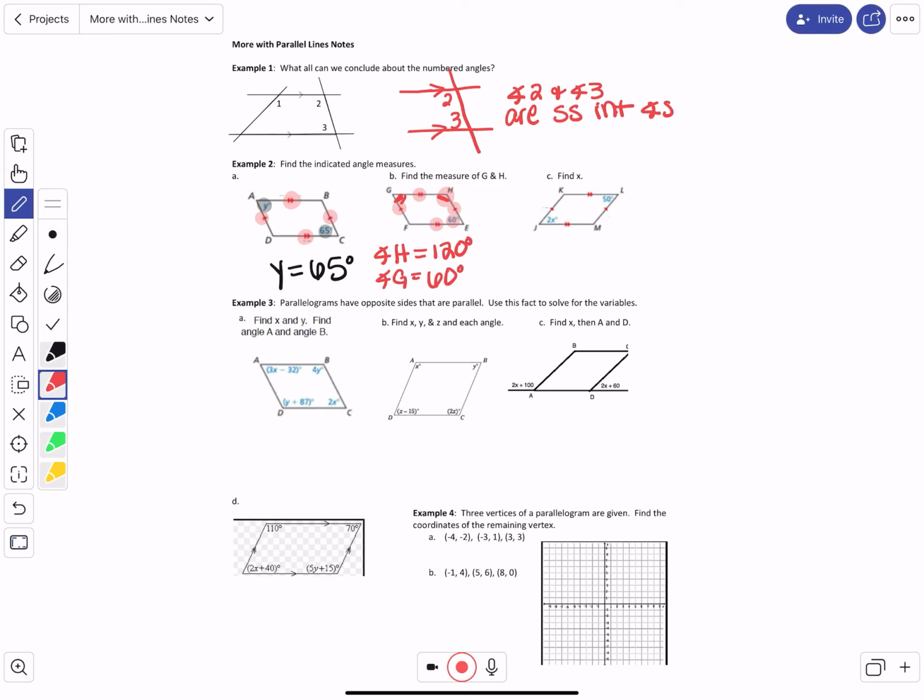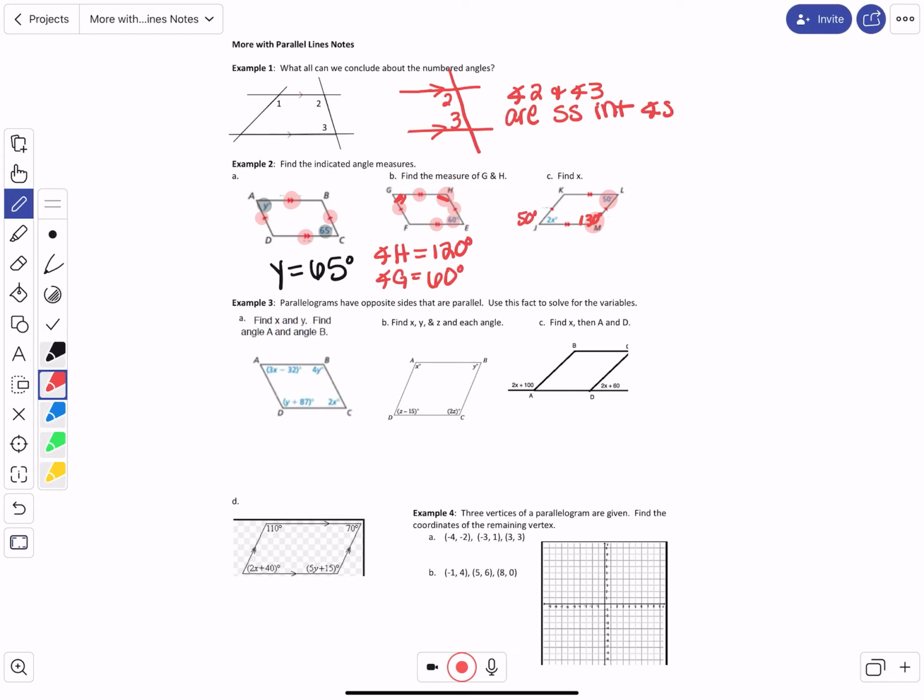Okay, then on example C, we know that this angle and this angle are same side interior angles, so we could use that fact. We know that angle M, even though it's not asking for angle M, is 130 degrees, which means that this angle would be 50 degrees.